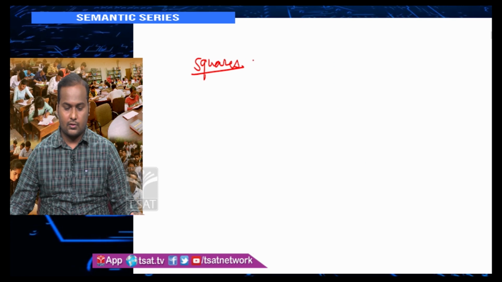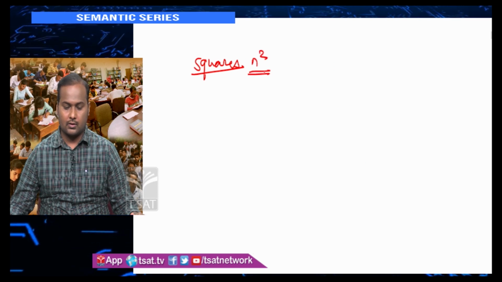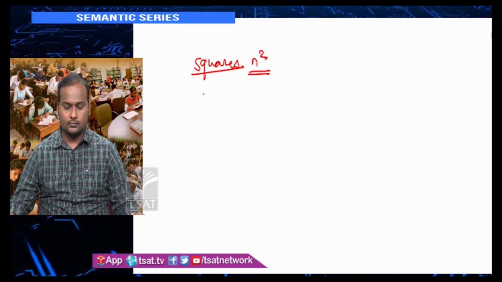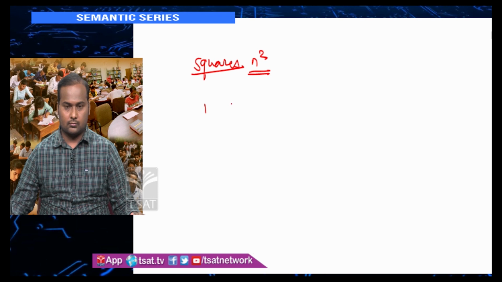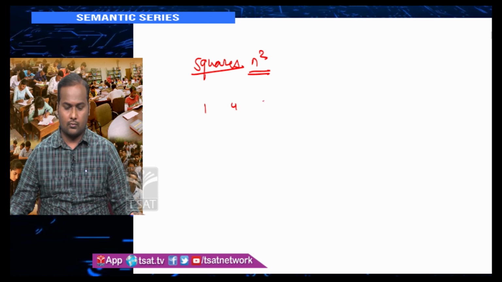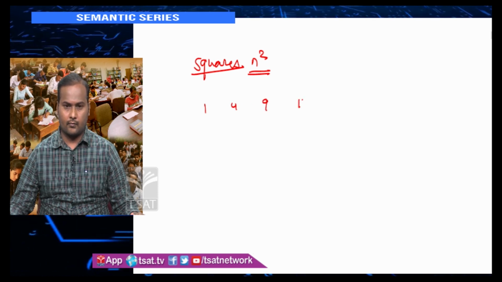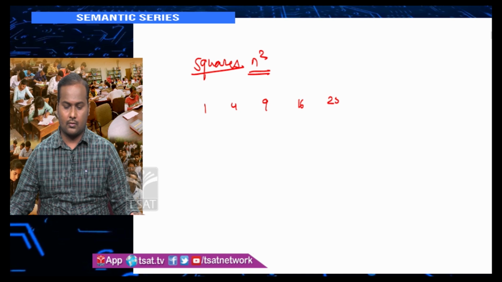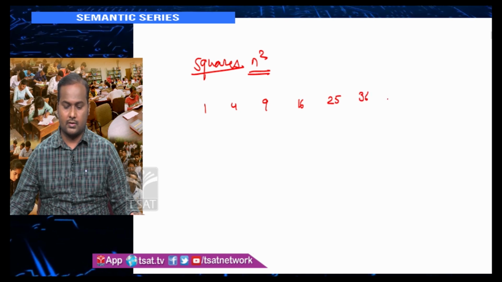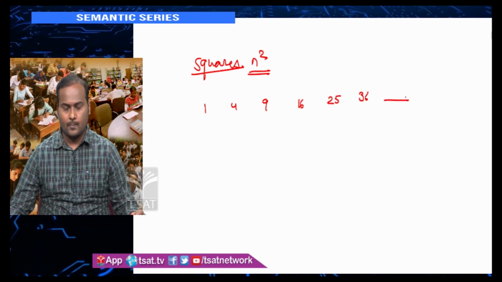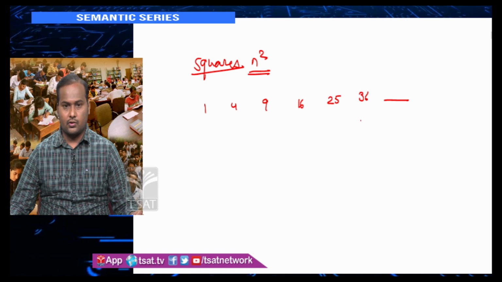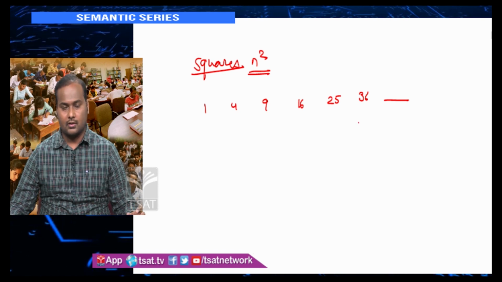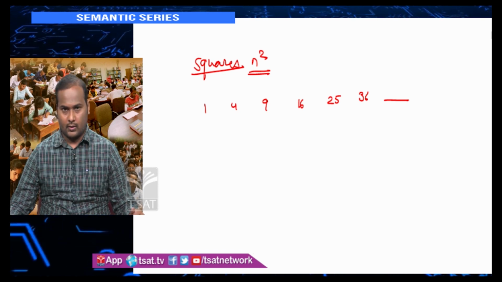In case of squares, that is n square, the format is very simple. It's 1, 4, 9, 16, 25, 36, and it is going to ask the next one. The moment you see these squares, you should be in a position to recognize that it is in the form of a square.